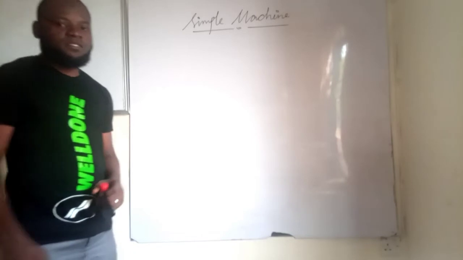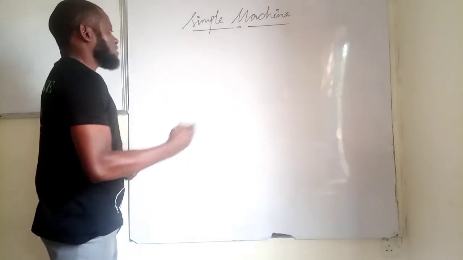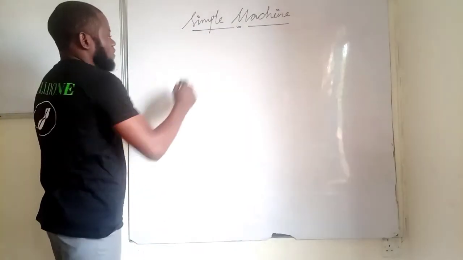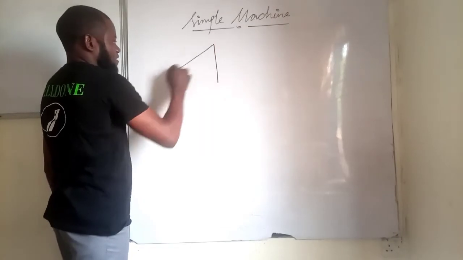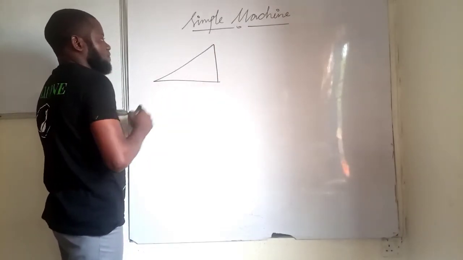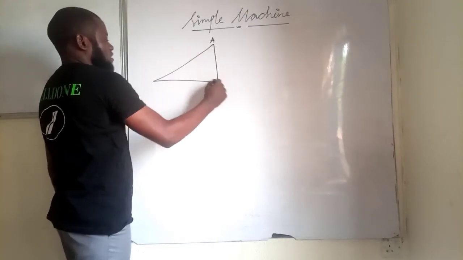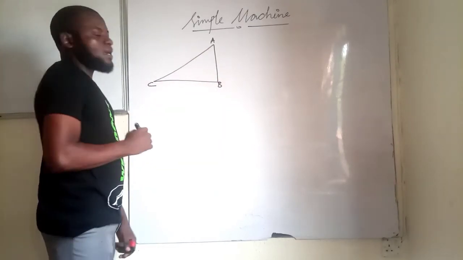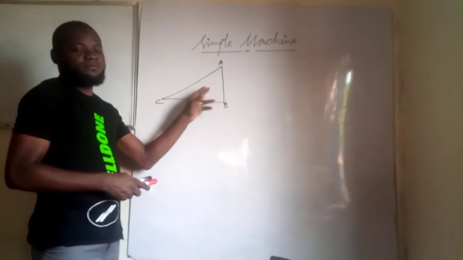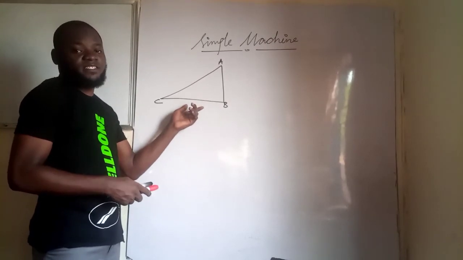When you talk about the inclined plane, that is another type of simple machine. If I have something like this, let's take for instance, I call these points A, B, and C. This is an inclined plane now.